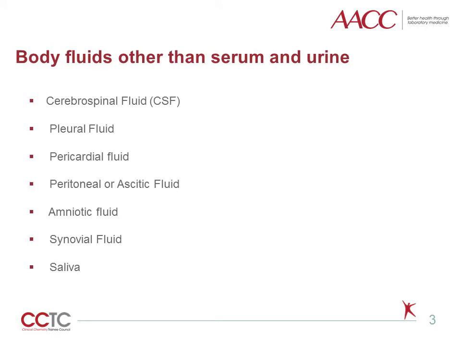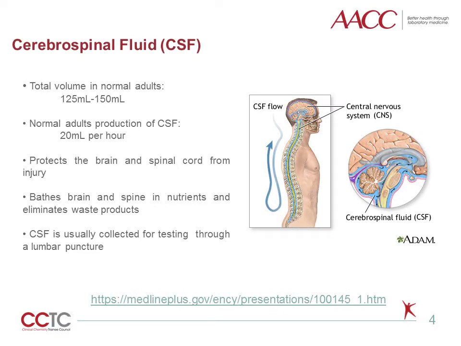There are many types of body fluids, including cerebrospinal fluid, pleural fluid, pericardial fluid, peritoneal or ascitic fluid, amniotic fluid, synovial fluid, and saliva. The cerebrospinal fluid is a clear body fluid that occupies the space between the arachnoid matter and pia mater.